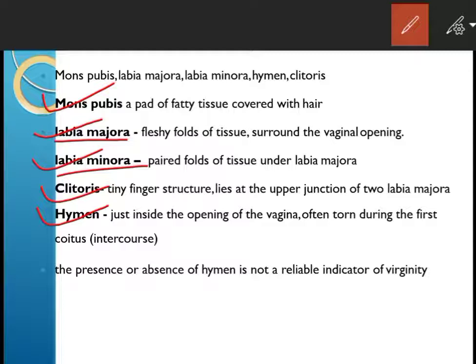Hymen may also get stretched or torn by normal activities such as horseback riding, and therefore its presence or absence is not an accurate indicator of a woman's virginity or sexual experience.